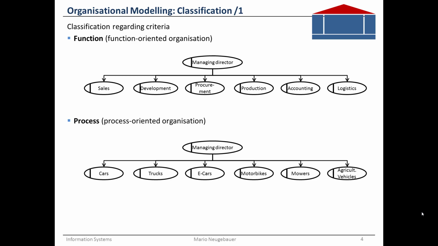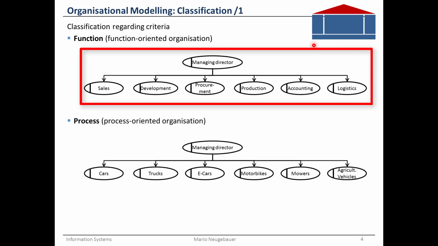And then with your organizational modeling, you can also depict what kind of organization you have. So first might be that you have a function-oriented organization. That's what you can see here in the upper part.